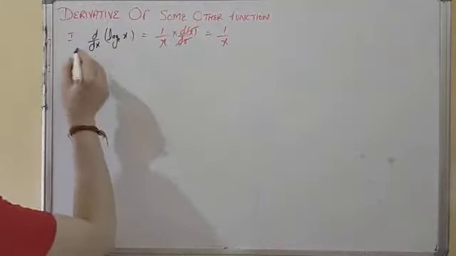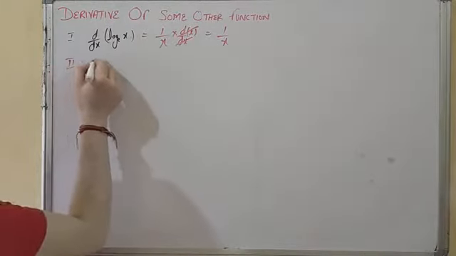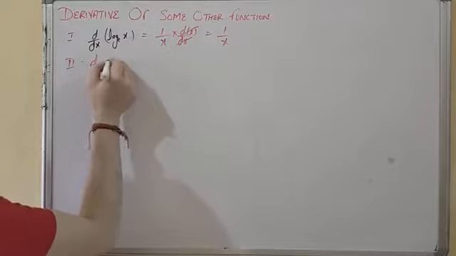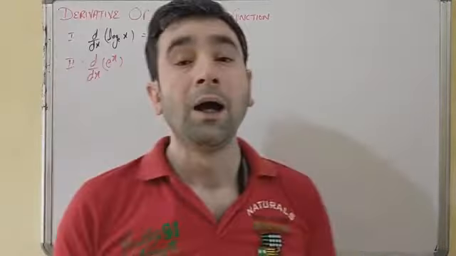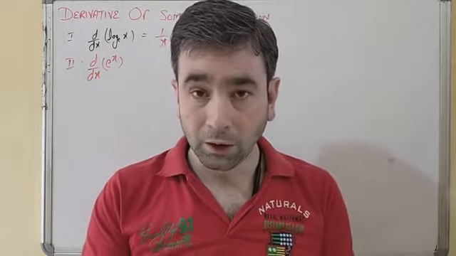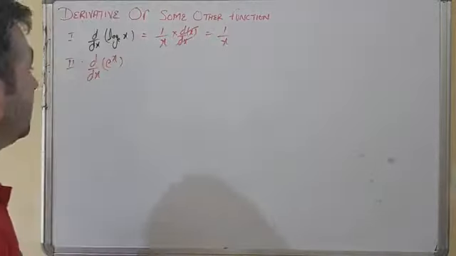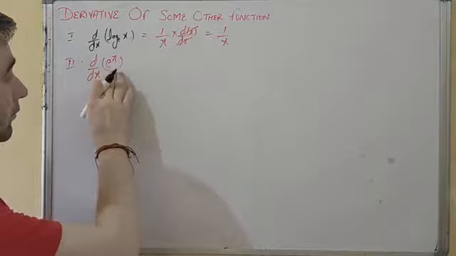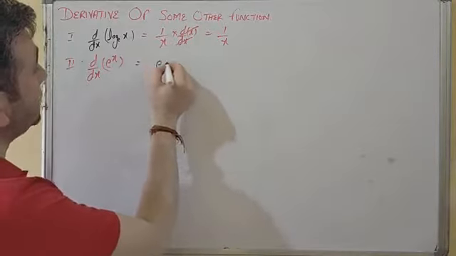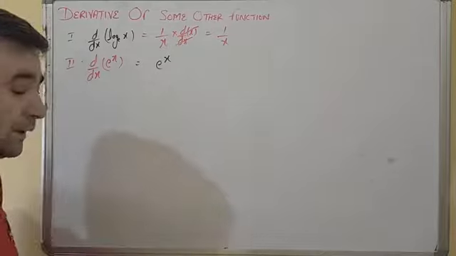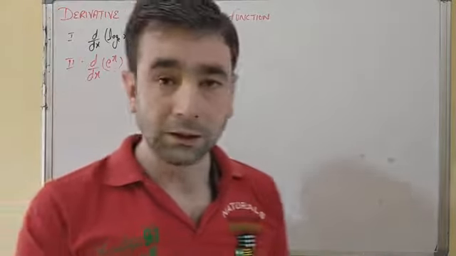Clear? Similarly, the second function is the derivative of e raised to power x, where e raised to power x is called the exponential function. When this derivative operator is applied on this exponential function, it remains unchanged. There is no change in this function.